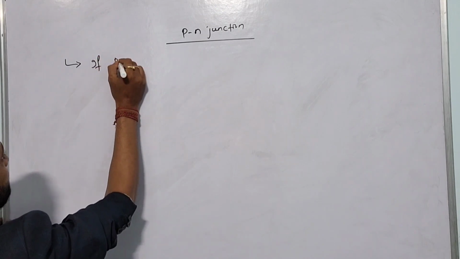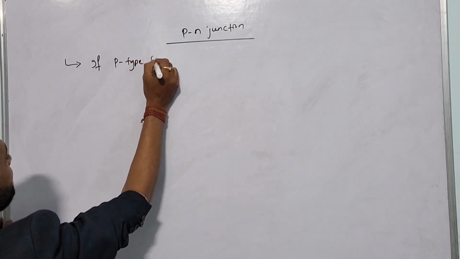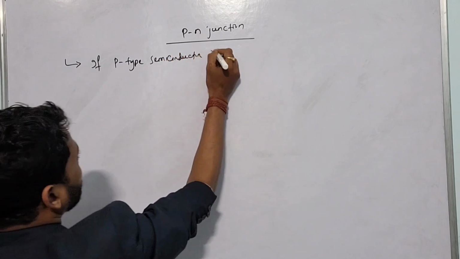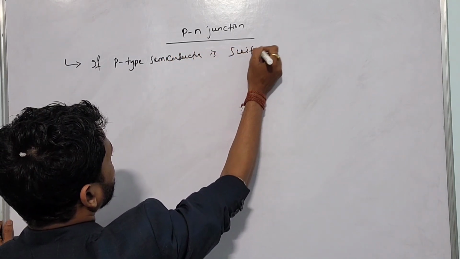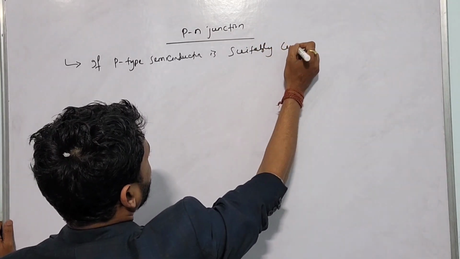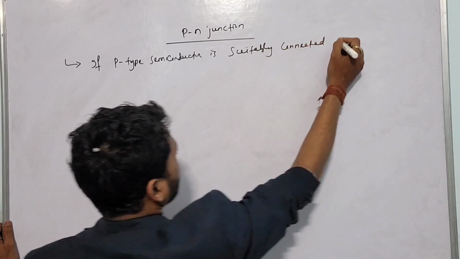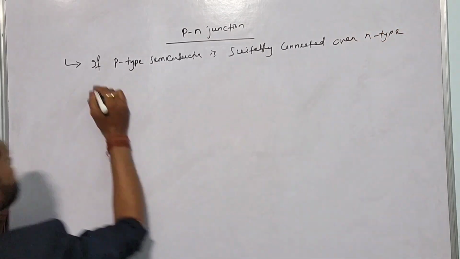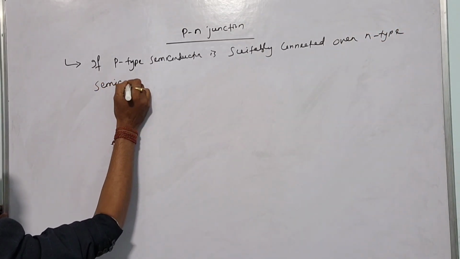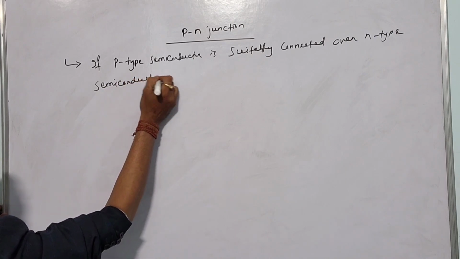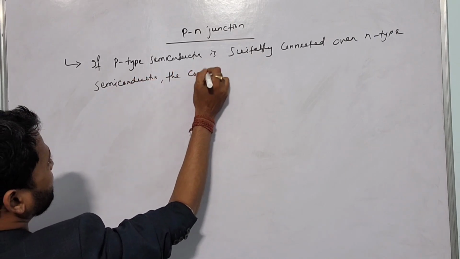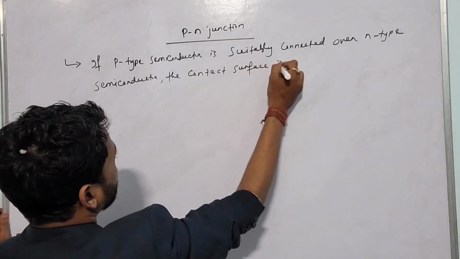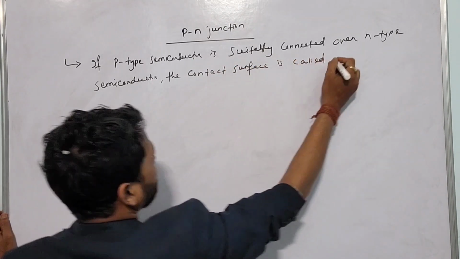If p-type semiconductor is suitably connected over n-type semiconductor, the contact surface is called p-n junction.